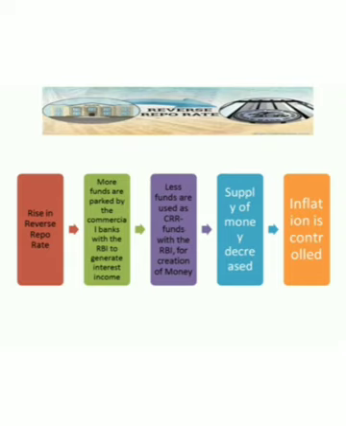More funds with RBI and less funds with commercial banks will reduce credit creation by commercial banks, and the supply of money will decrease, which will control inflation in the economy. So during inflation, RBI will increase the reverse repo rate to control the money supply, and during deflation, RBI will decrease the reverse repo rate to increase the money supply in the economy.